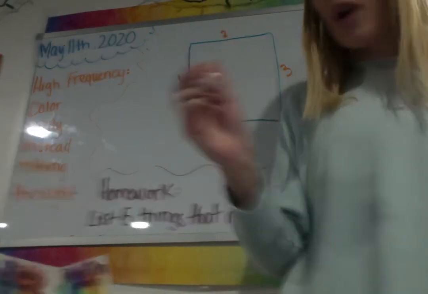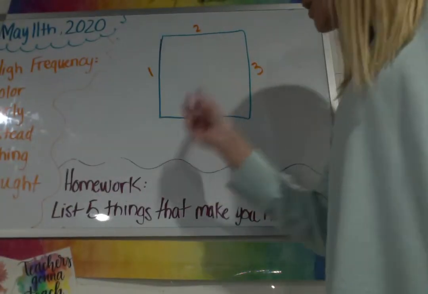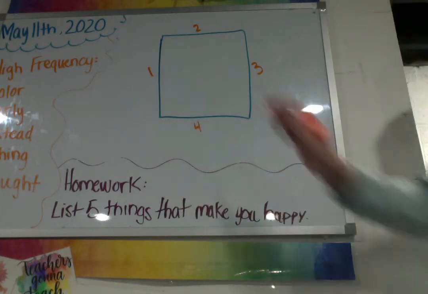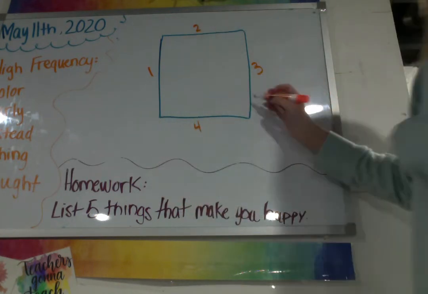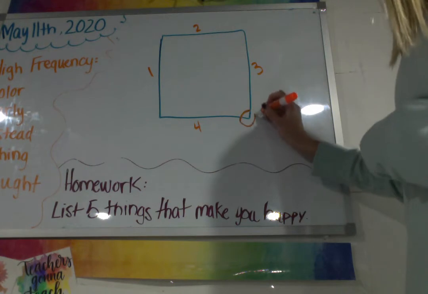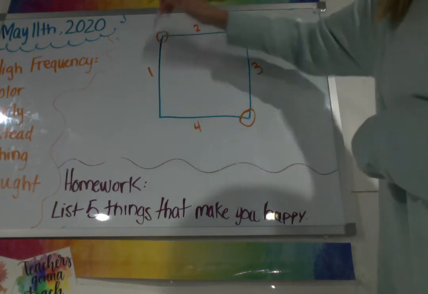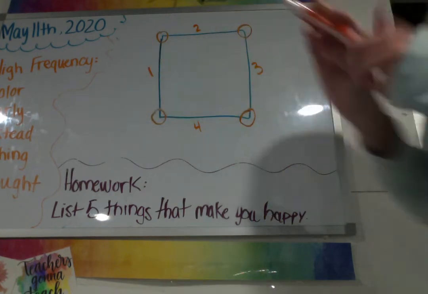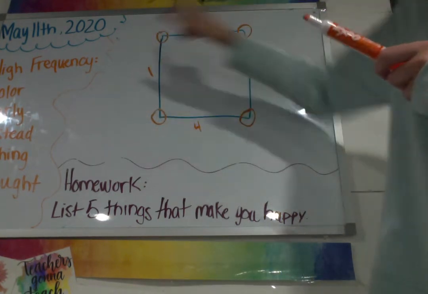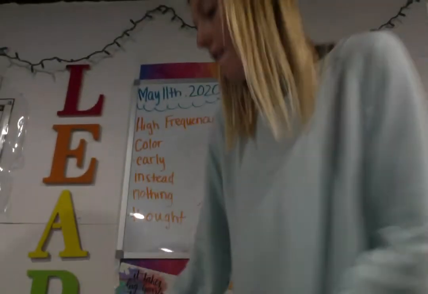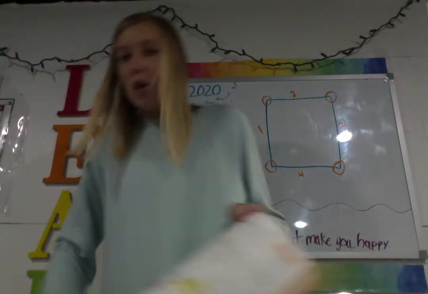You needed 4 straight lines to make that square, right? Does everyone see that? It also has 1, 2, 3, 4 corners. So a square has 4 sides and 4 corners. Those corners are called vertices.